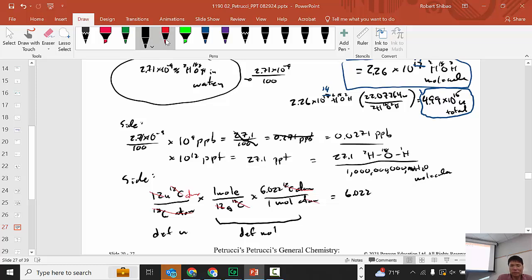There's 6.022 U per mole. No, actually not per mole. Mole cancels. Sorry, mole cancels. Forgot to cancel that. And we're left with 6.022 times 10 to the 23rd U per gram. All right, so our final calculation is here.